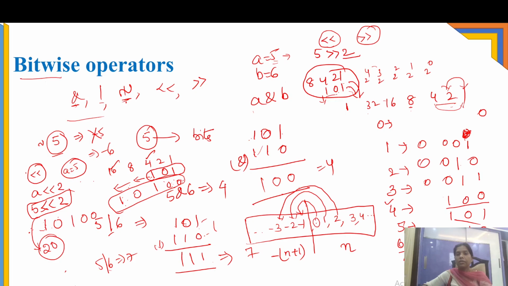The last 1 bit will be at the end. So the result of 5 right shift by 2 is 1. Simply, left shift means adding zeros, right shift means deleting bits. That's it.